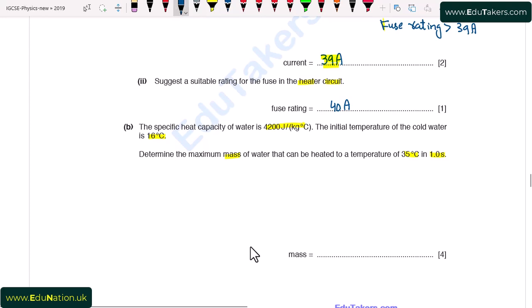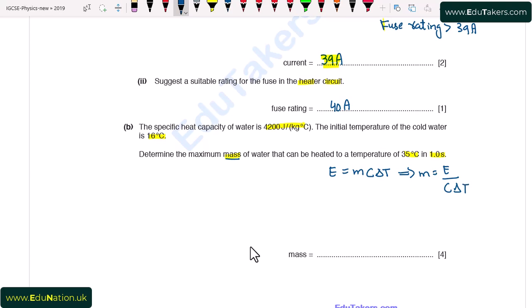So I use the formula that energy E is equal to the product of mass, specific heat capacity and change in temperature. Here we have to find the value of maximum mass. So by separating mass, I get M equal to energy over specific heat capacity and change in temperature.